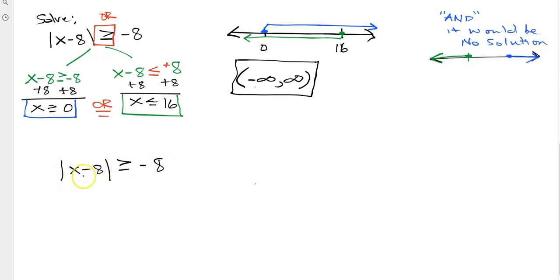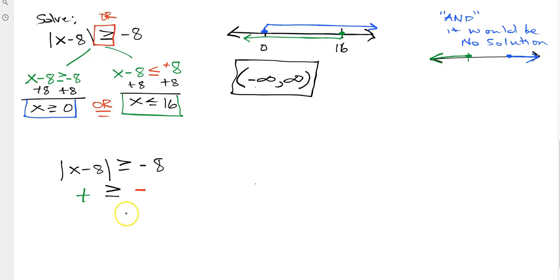So remember we said when we take the absolute value of something, it's always going to end up being positive, right? So we'll end up with a positive being greater than or equal to, well, that negative 8 is always going to be negative, all right? So we're saying a positive is always greater than a negative. Is that true? Yeah. When is it true?